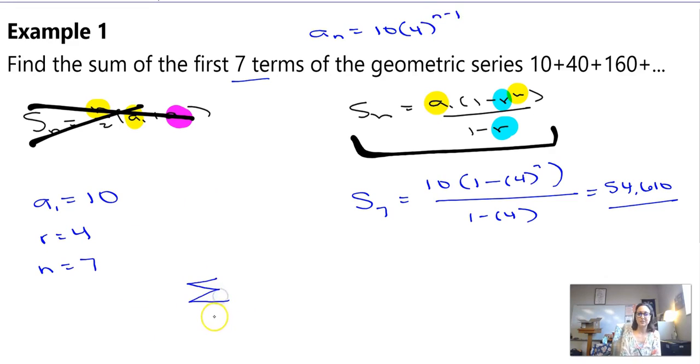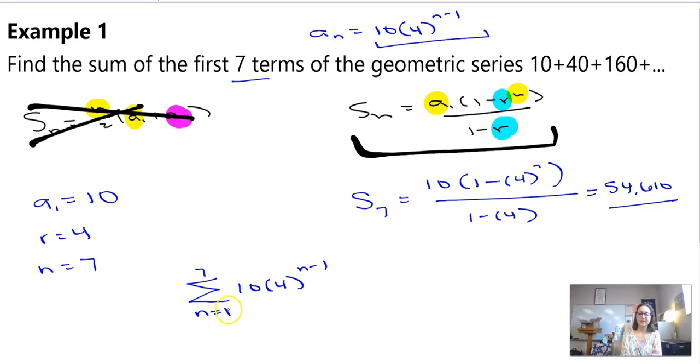So if I want to take a sum here, I can use this if I start at n equals 1. So if I start at n equals 1 and I want the first 7 terms, then I want to end at 7, right? And then here would be my formula, 10 times 4 to the n minus 1.